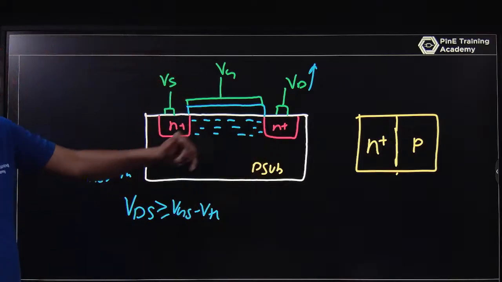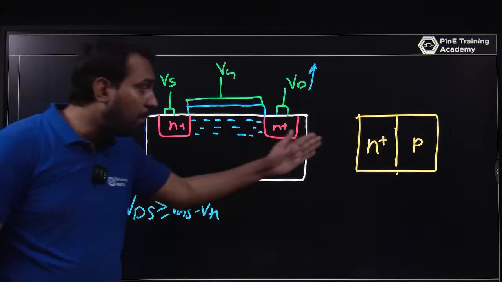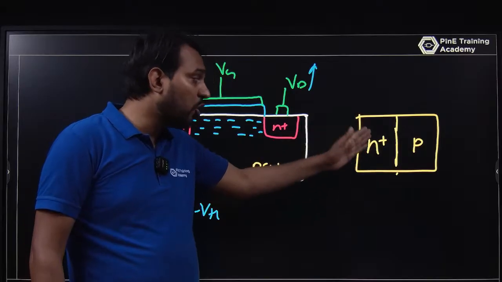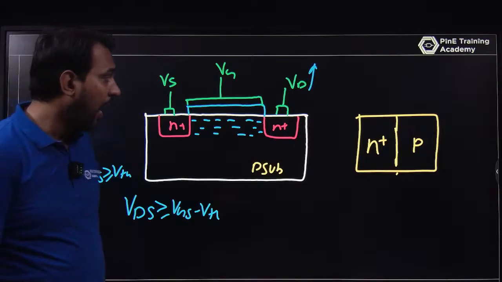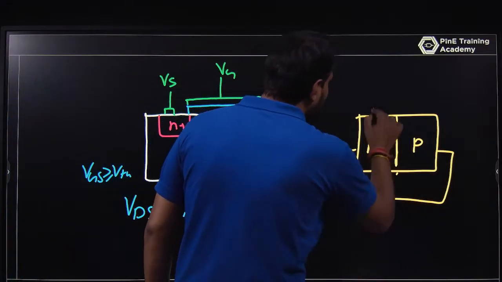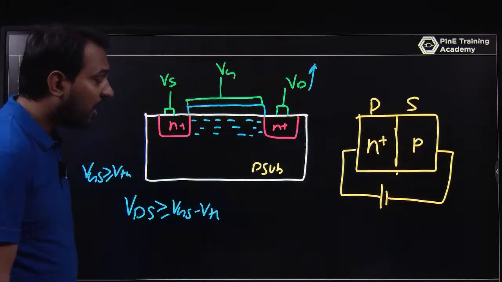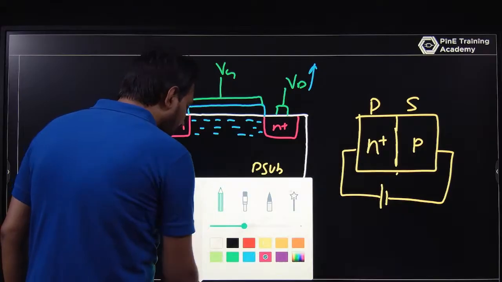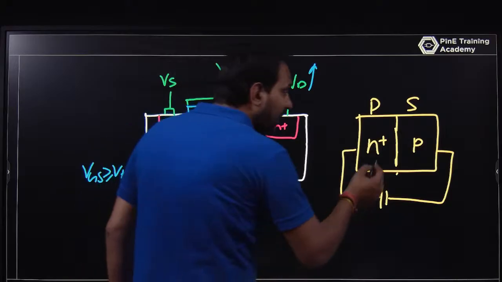N plus has a majority concentration of electrons and P has a majority concentration of holes, but the N plus majority concentration is higher than the majority concentration of holes. If you are providing the supply like this, the drain side has a higher potential and the source side a lower potential. So what is happening? The depletion region will form.